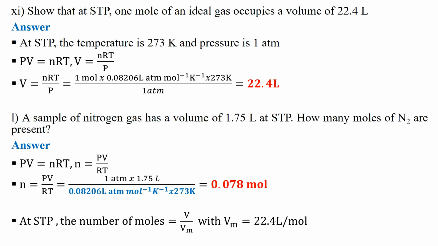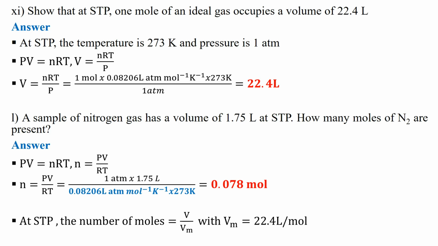The temperature at STP is 273 Kelvin. The pressure at STP is 1 atmosphere, and we will see that really at STP 1 mole of ideal gas occupies 22.4 liters.